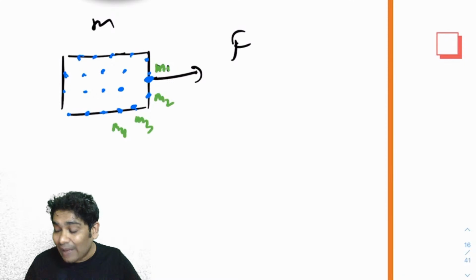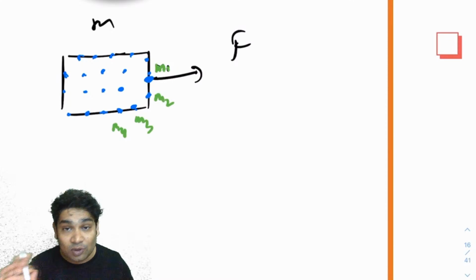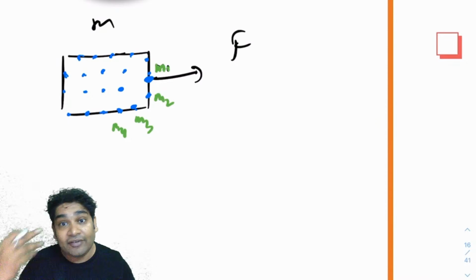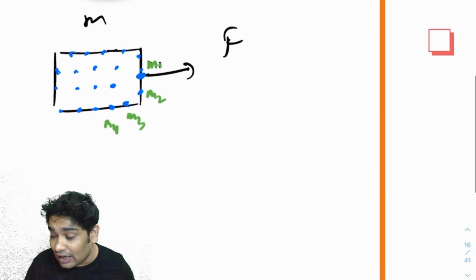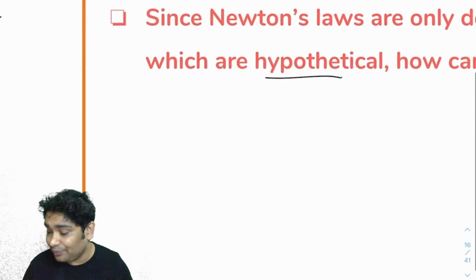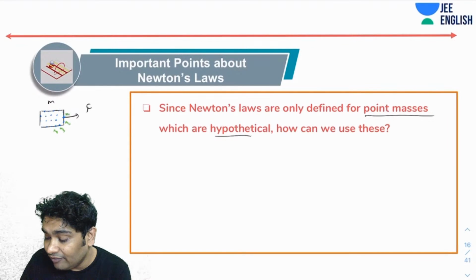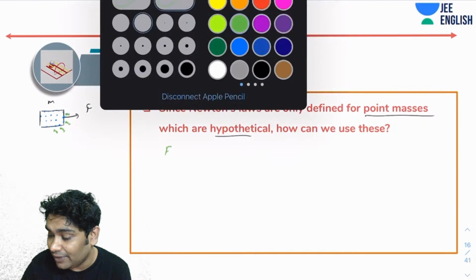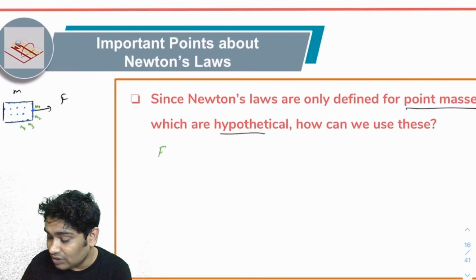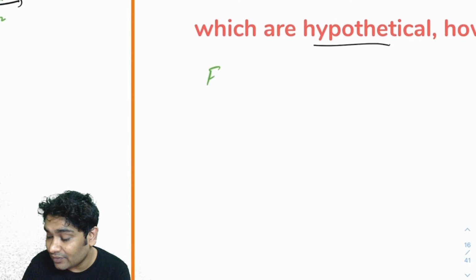Alright. So what happens is, now if I start writing the forces that every mass is feeling. So for M1 I can write that M1 feels a force F. Okay, so that is the force that I am applying.